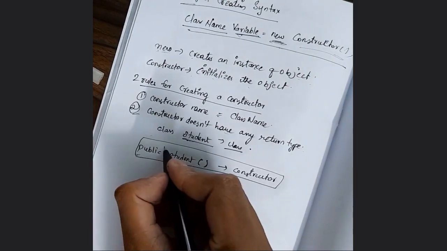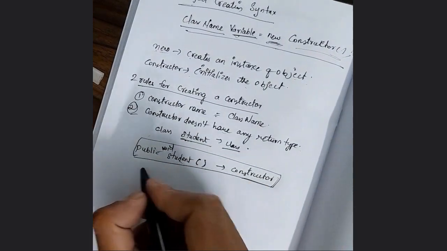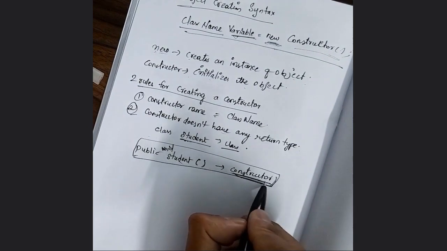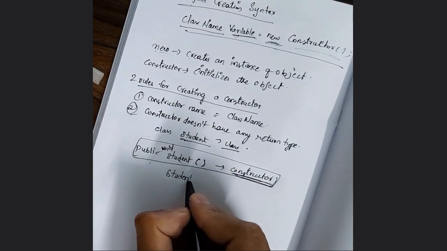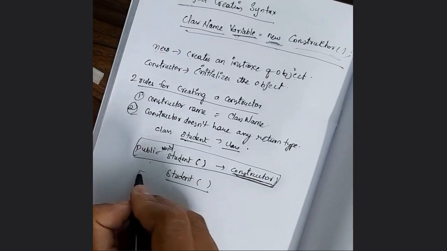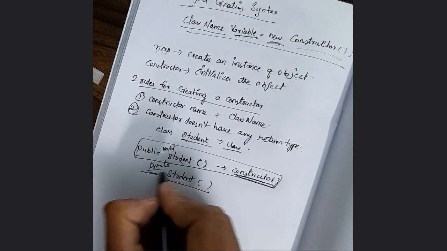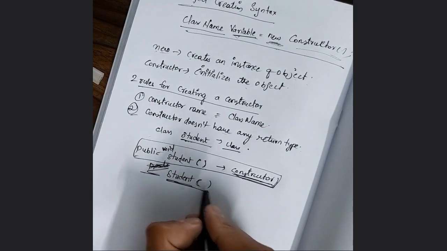If I do public void student, now this becomes a method. It is not a constructor now. Constructor doesn't support any return type. Suppose private, it doesn't have anything like that. It is just a class name and brackets.